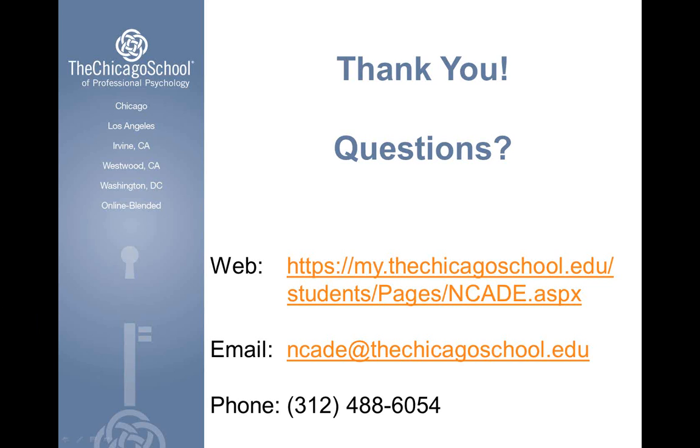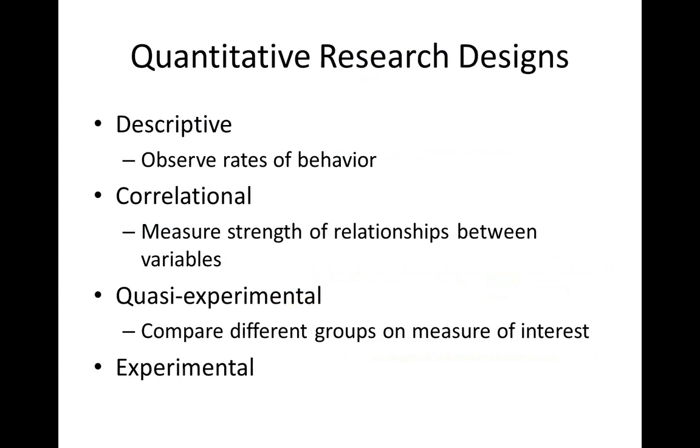Quasi-experimental studies are where you have multiple groups, but you do not manipulate the group membership. So you can have, for example, males and females, and you can compare a male group to a female group, and that difference already exists out in the world, so you're not manipulating who is male and who is female.